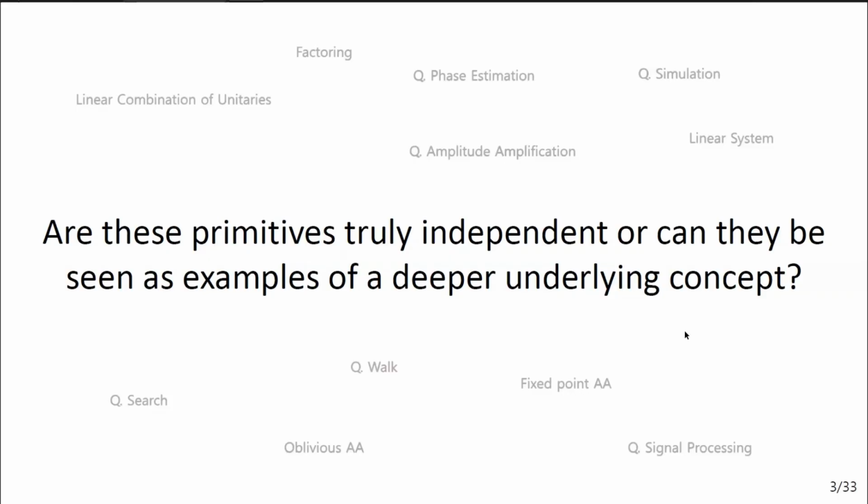Are these primitives truly independent, or can they be seen as examples of a deeper underlying concept? I think it would be fancy if there is a deeper underlying concept. Let me tell you the conclusion first. Yes, there is a deeper underlying concept, and its name is quantum singular value transformation, also known as QSVT.